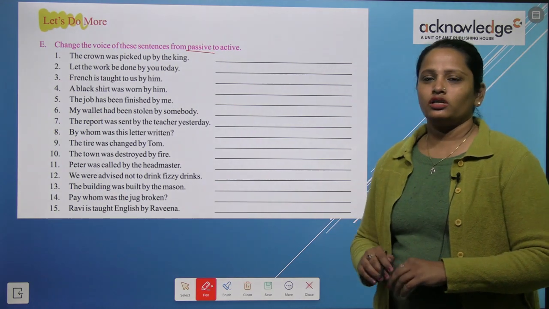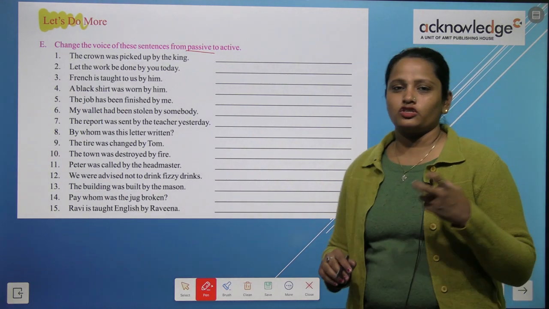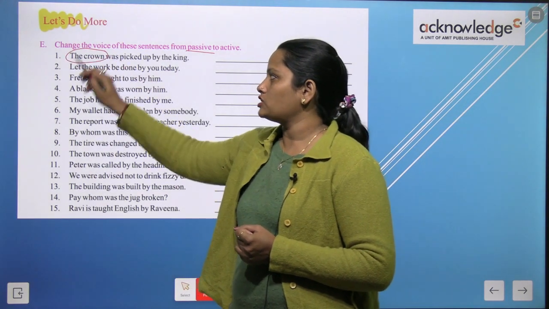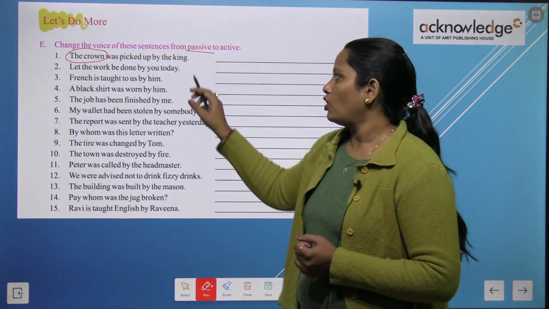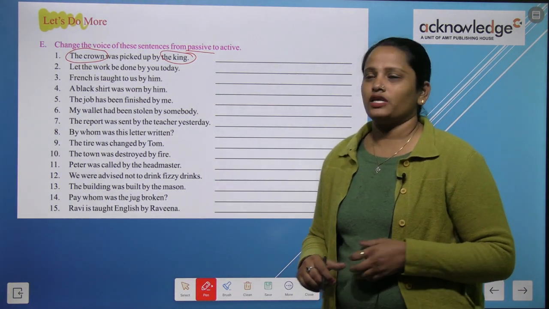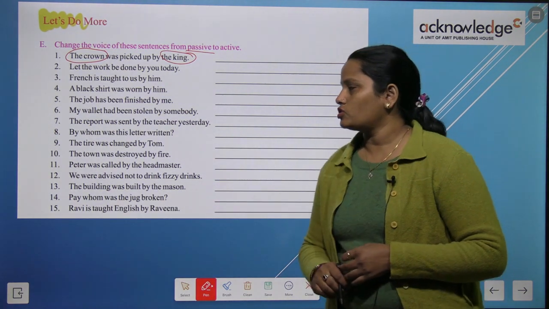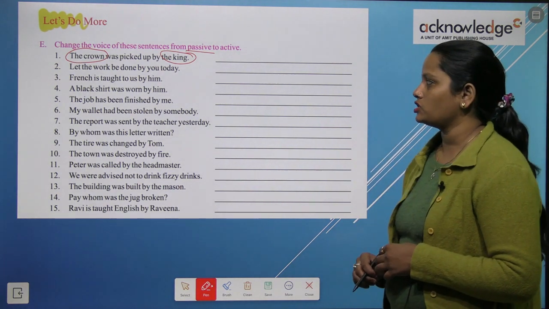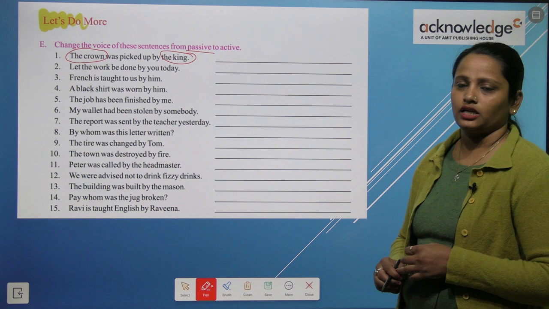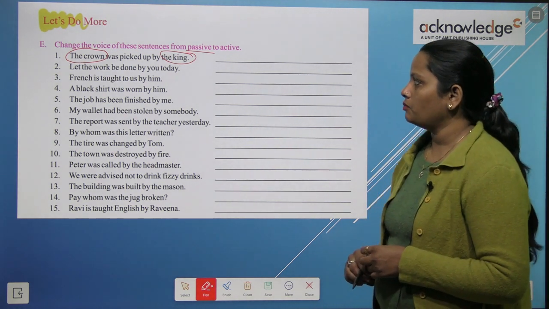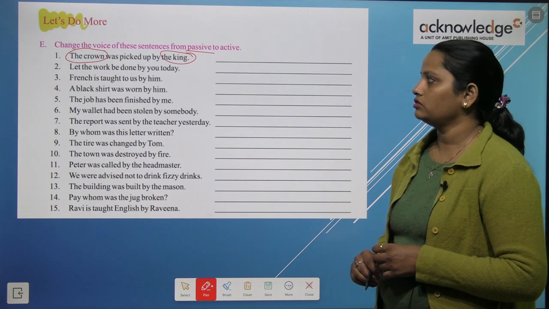So as you know, the active voice, passive voice में when we convert the sentence, तो हमारा जो object है वो subject की place ले लेता है और जो subject है वो object की place ले लेता है. So now we have to change the place of these two. So the first question here is the crown was picked by the king. So here the sentence will be the king picked up the crown.